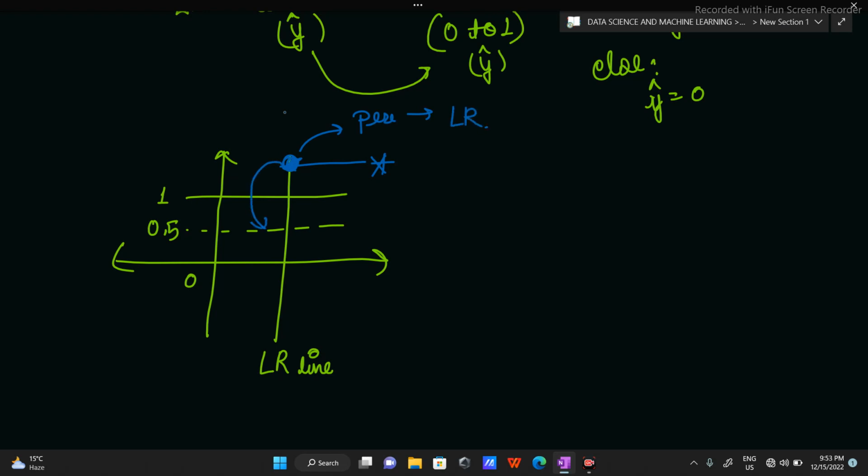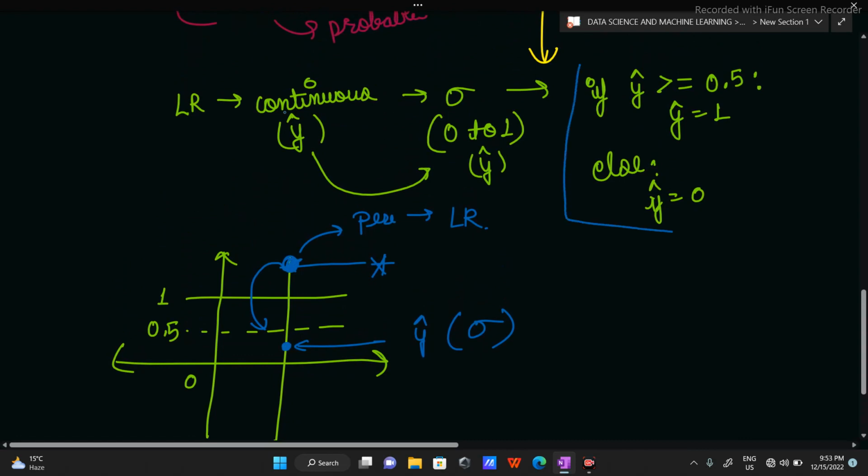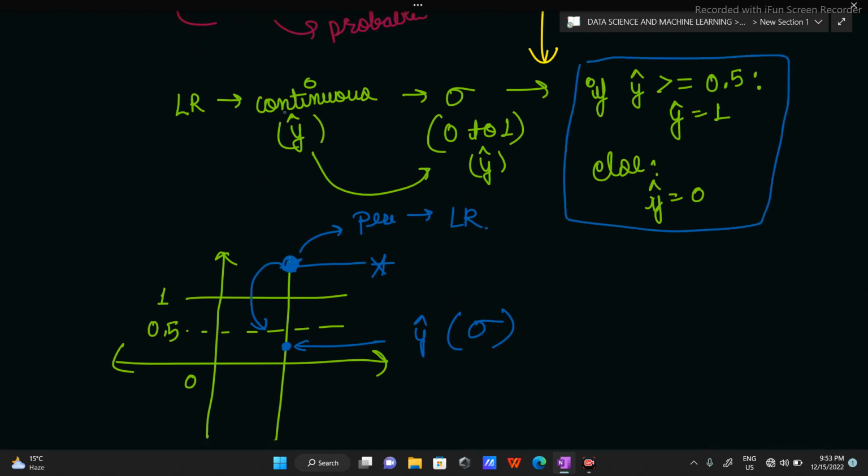Now what will sigmoid do? Sigmoid will shrink it down to the range of 0 to 1. Let's say my sigmoid brought it here. This is the same prediction y hat but using sigmoid. Now I'll come to this if else statement which I wrote here. I see this point after I got it from sigmoid is actually lesser than 0.5.